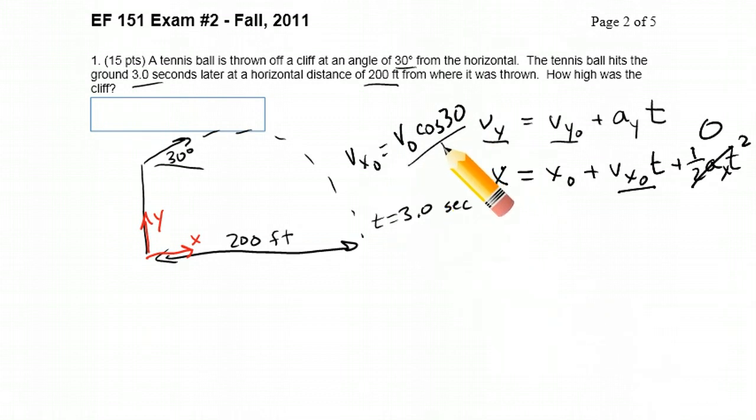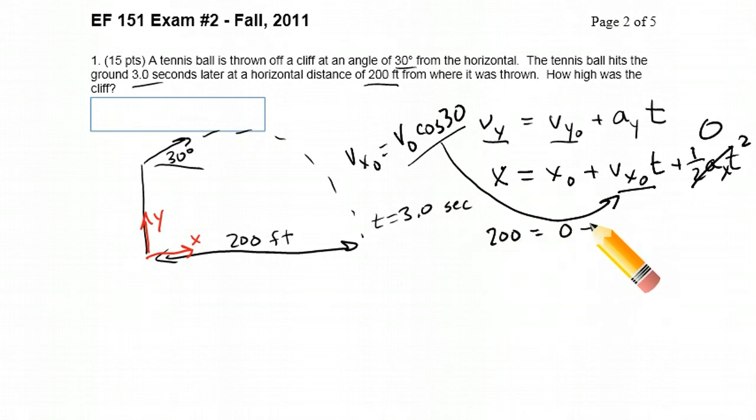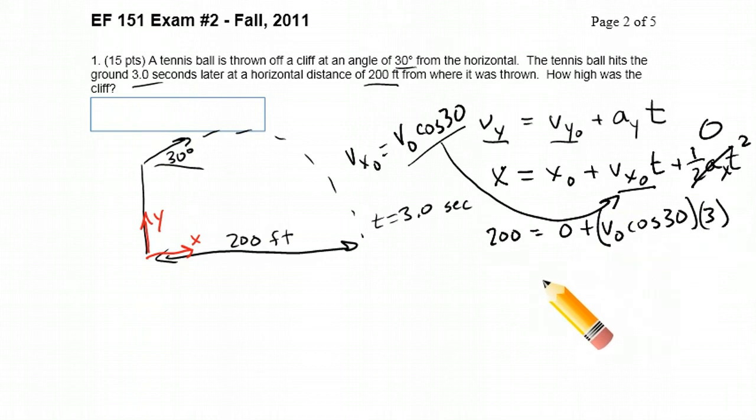Alright, so I'll put that in there. I'll have x of 200 equals 0 plus v0 cosine 30 times 3 seconds. Okay, and that's going to give me a v0.